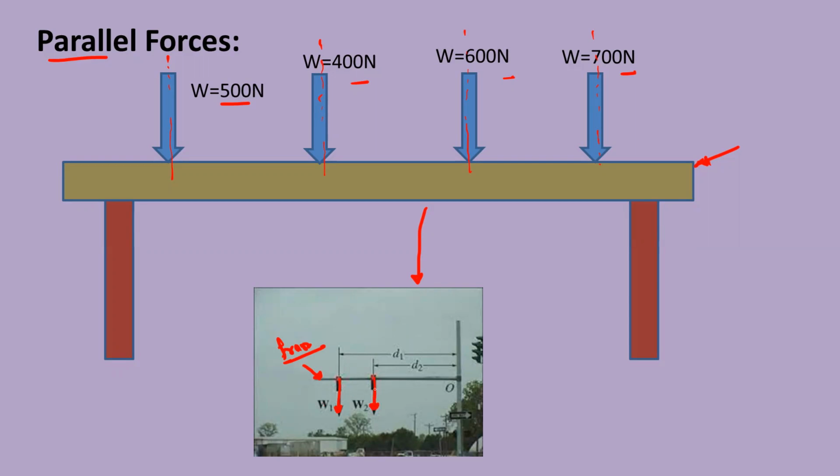Weight will always act in the downward direction. Therefore this is the line of action for W1 and this is the line of action for W2. Both lines of action are parallel to each other, so it becomes a parallel force system. So this is the real-time example for the parallel force system.